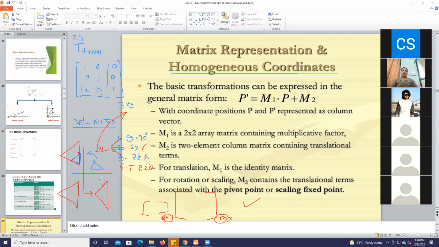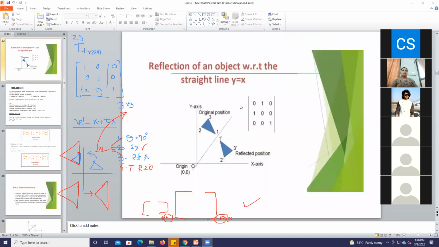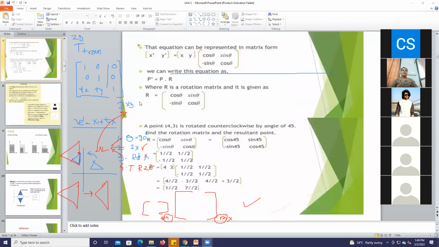Yes, yes, ma'am. ओके. नाव जो रोटेशनचा T मॅट्रिक्स आहे त्याचे डायमेन्शन्स काय आहेत? 2x2. आपण बघितलं होतं इथे. This is the T matrix for the rotation. 2x2 आहे ना याचे ऑर्डर्स.